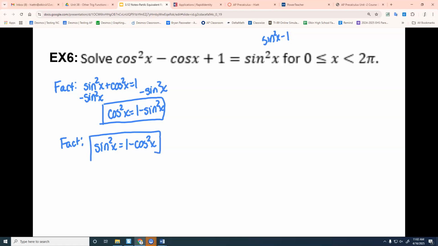So on these types of problems, if I have sine squareds and cosine squareds, I'm going to use one of these two to replace it, so I've got all sines or all cosines. What should I pick? Should I make everything sines or everything cosines? Or does it matter?